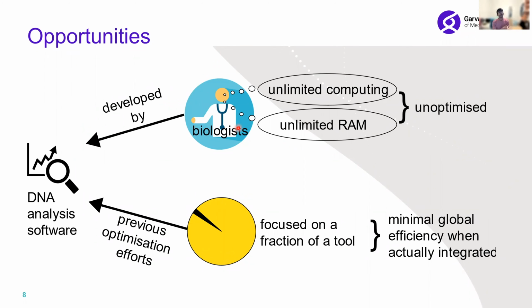Of course, there have been some previous works that have focused on accelerating these analysis software, but most of them focused on little pieces. I told you that these software pipelines are made up of dozens of algorithms, but most of the previous work takes just one component, accelerates that, and shows that this is this much time faster.